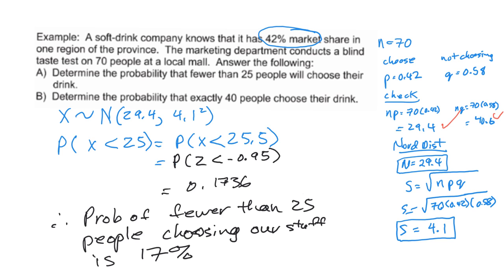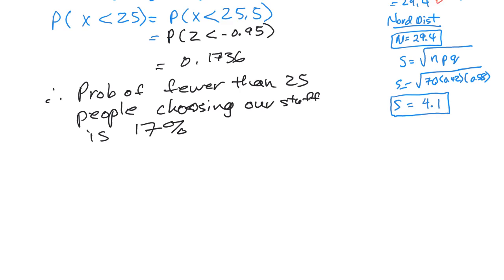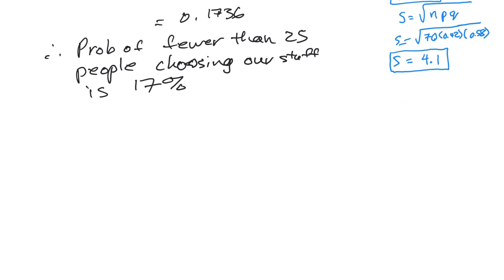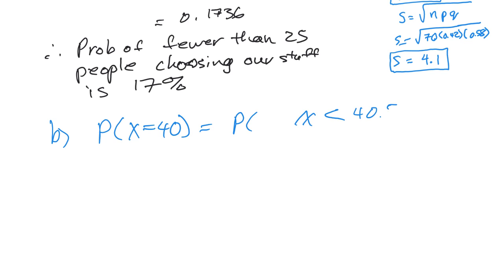So now let's calculate the probability that exactly 40 people will choose our drink. So for this one, for part B, again, we're going to go P of x equals 40, which is equal to P of x being between 39.5 and 40.5.